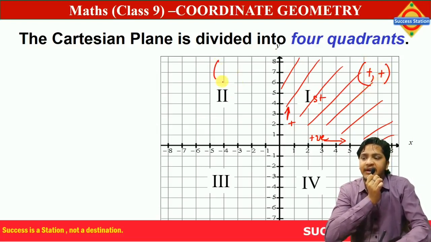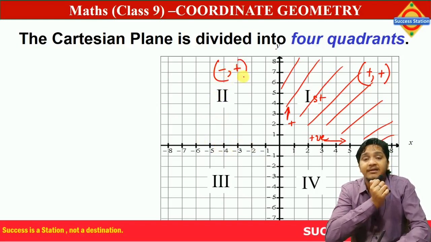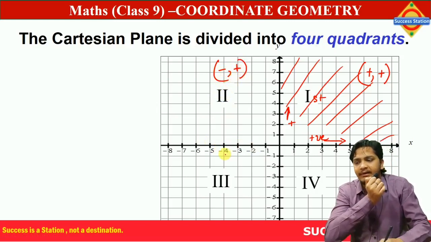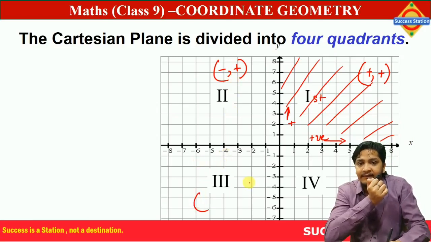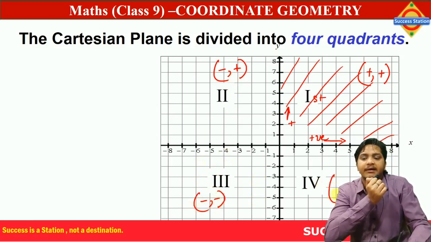In the second quadrant, x is negative and y is positive. In the third quadrant, x is negative and y is also negative. In the fourth quadrant, x is positive and y is negative.